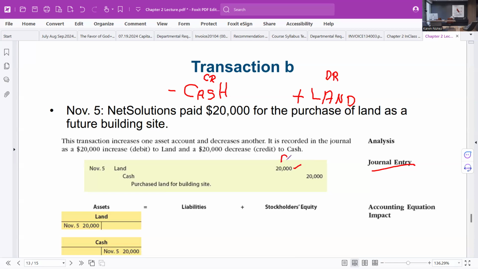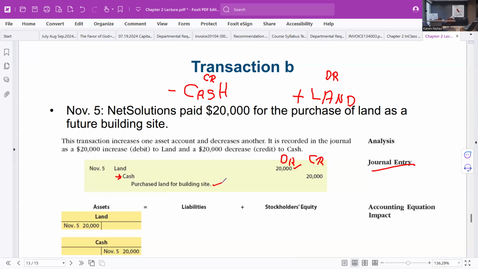We label everything here, debits on the left and credits on the right. So we have a debit to land for 20,000 and a credit to cash for 20,000. Notice the debit is here and the credit is indented. The indentation is for all credits.